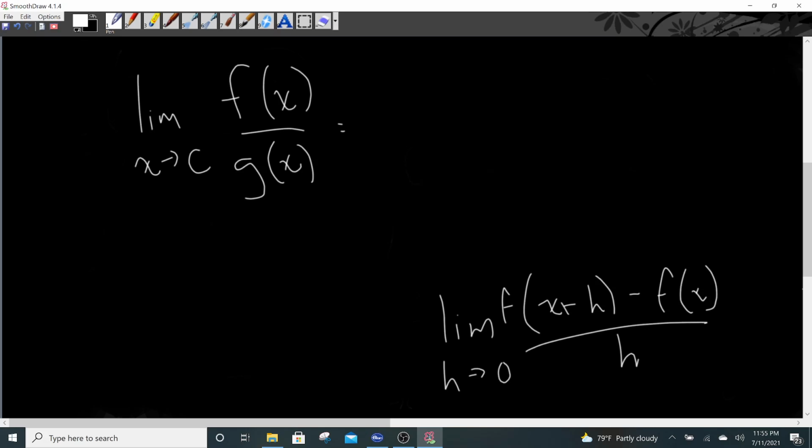That's the formal definition of a derivative, and so we're going to use that to our advantage right now. And we're gonna actually, we'll see.